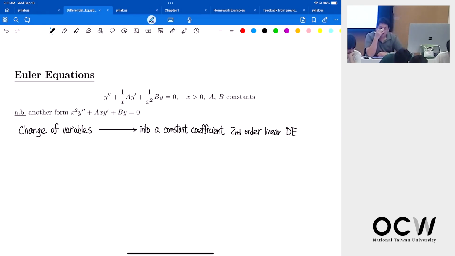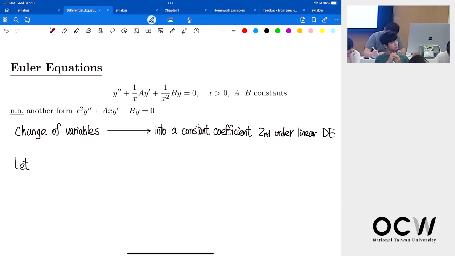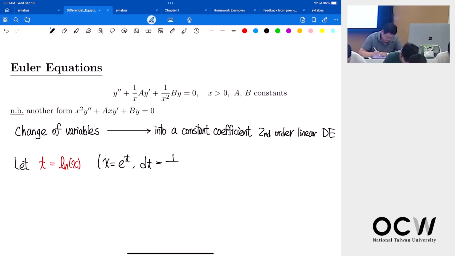So how do I change the variable? For Euler equations, we say that t equals natural log of x, which means x is e to the t, and dt is 1 over x dx.